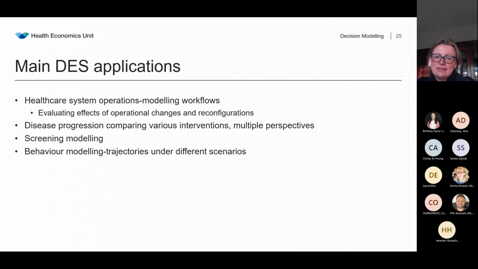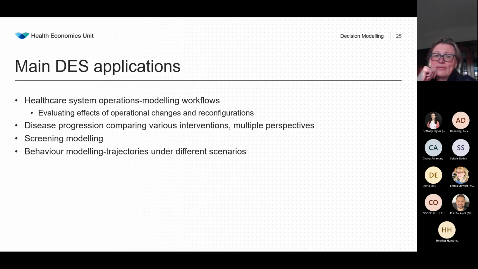The main applications. They've been used for optimizing operational and administrative decisions. This could be inpatient, outpatient clinics, A&E appointments, scheduling patients, capacity planning, staff schedules, etc.